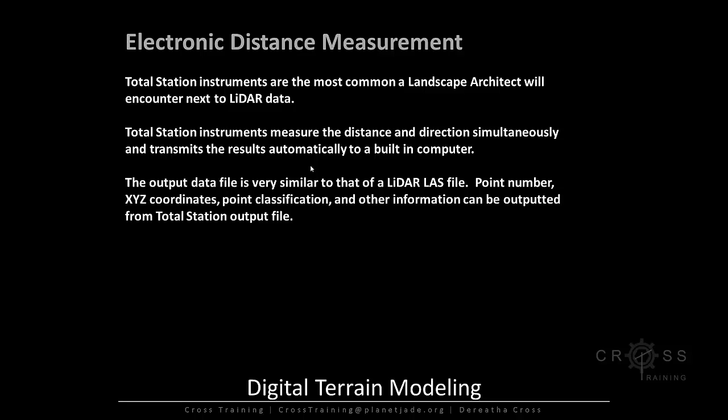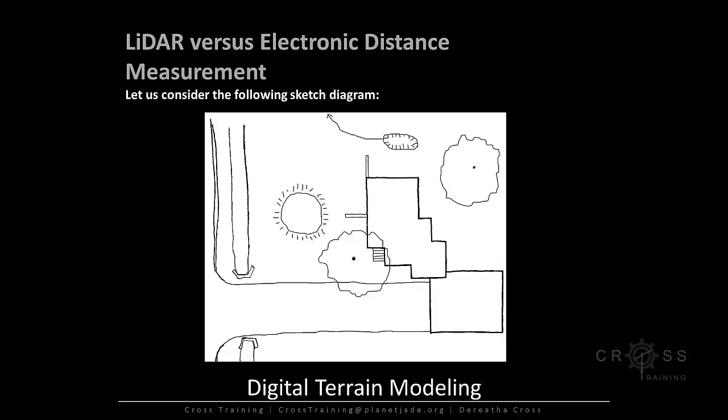The output data file is very similar to that of a LiDAR LAS file. Point numbers, XYZ coordinates, point classification, and other information can be outputted from the total station output file. We'll actually look at an example of one of those later.